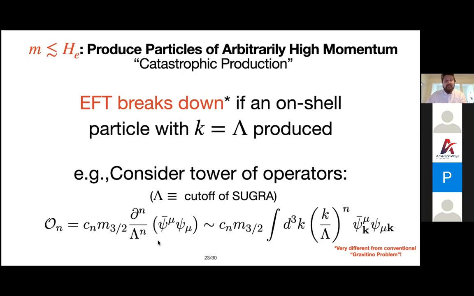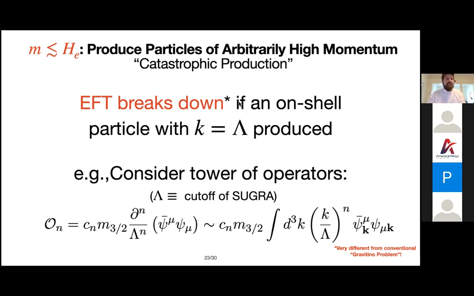And if I produce a particle with K at the cutoff, then this whole tower of operators becomes important. So you can see from a qualitative picture, or in terms of including corrections from whatever is UV completing 4D supergravity, that the effective field theory will break down if you start producing these arbitrarily high K modes. And I'll emphasize that this is qualitatively different from the conventional gravitino problem.